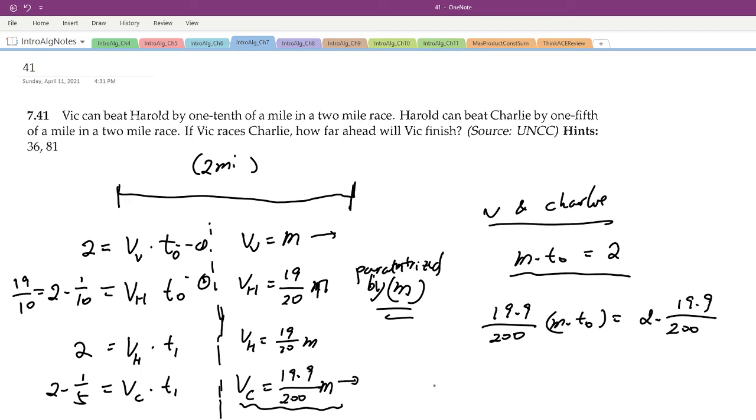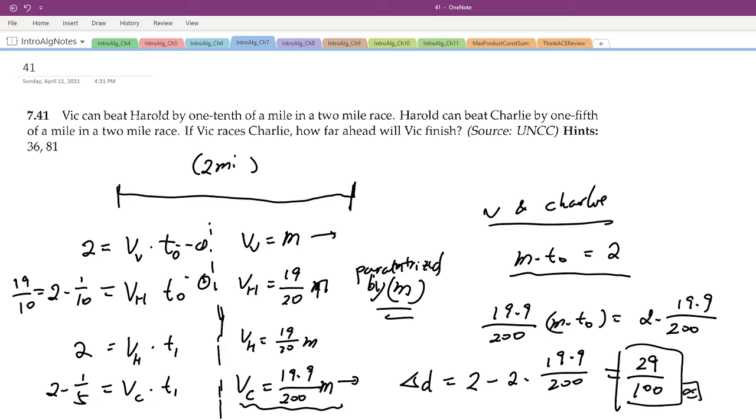So that's how you see the distance that Vic beats Charlie by: 2 minus 2 times 19 times 9 over 200, right? So you can calculate it's 29 over 100 miles.